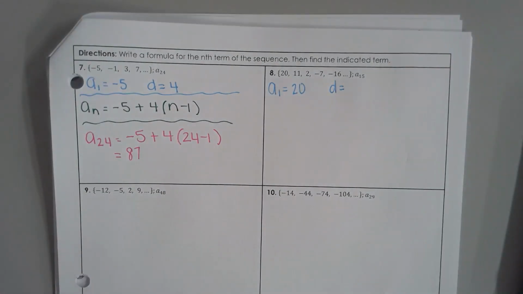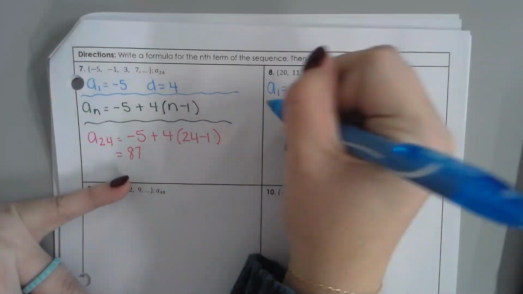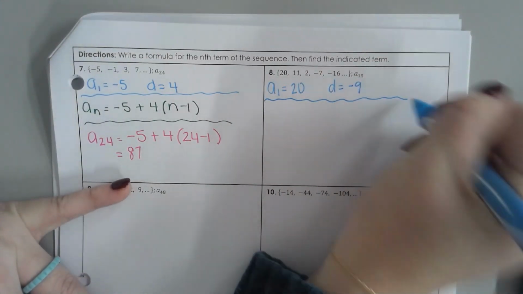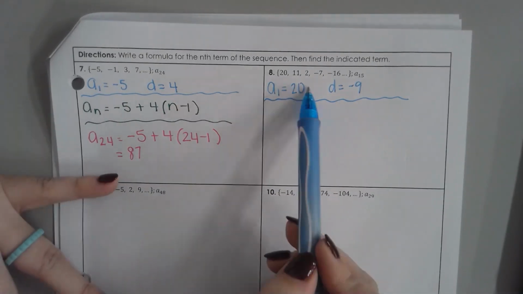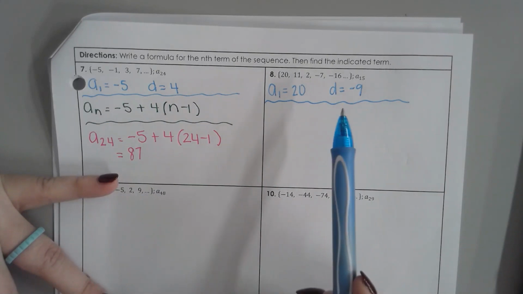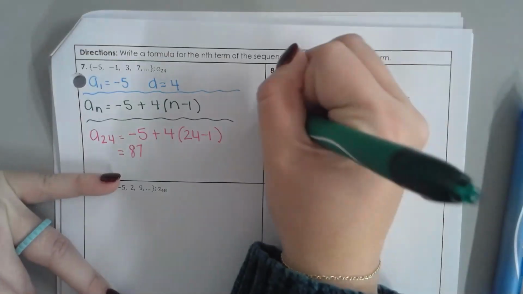I am going to call on somebody. Rocky. -9. And then we will fill those into our formula. And I'm going to show you on this one, it's a teensy bit different.